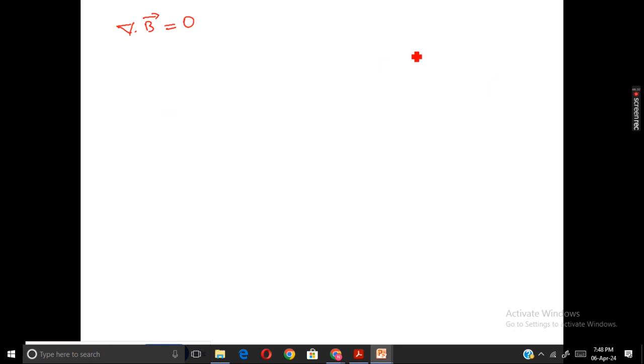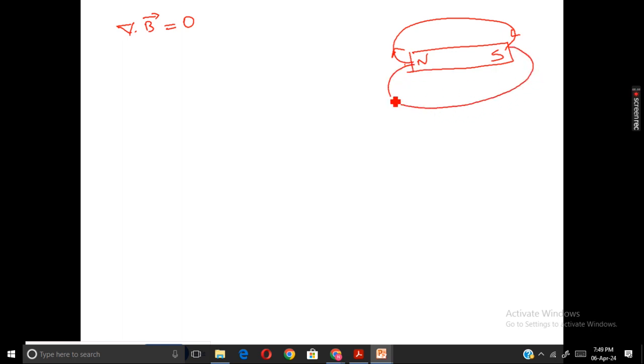If you are considering a bar magnet, suppose this is north and this is south, the field will always diverge from the north and converge in the south. So magnetic field always exists in dipoles, it never exists in monopoles.